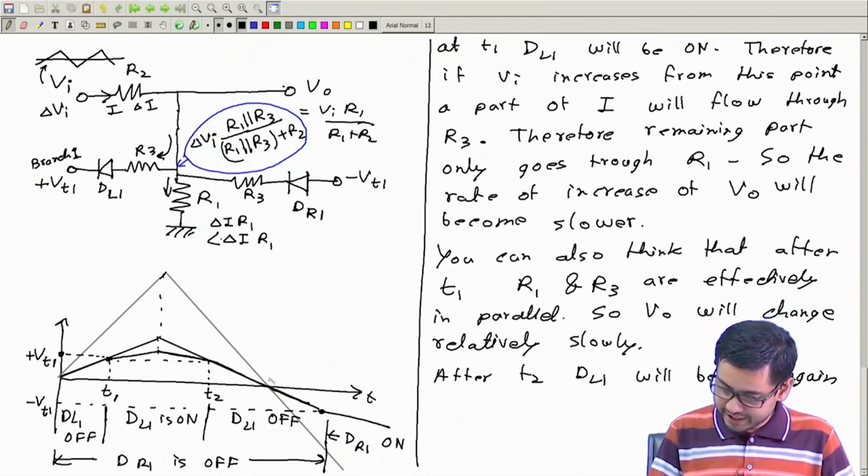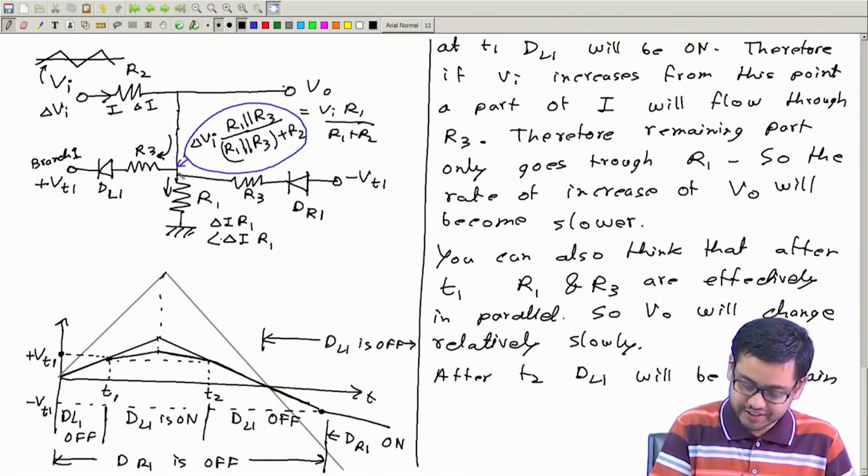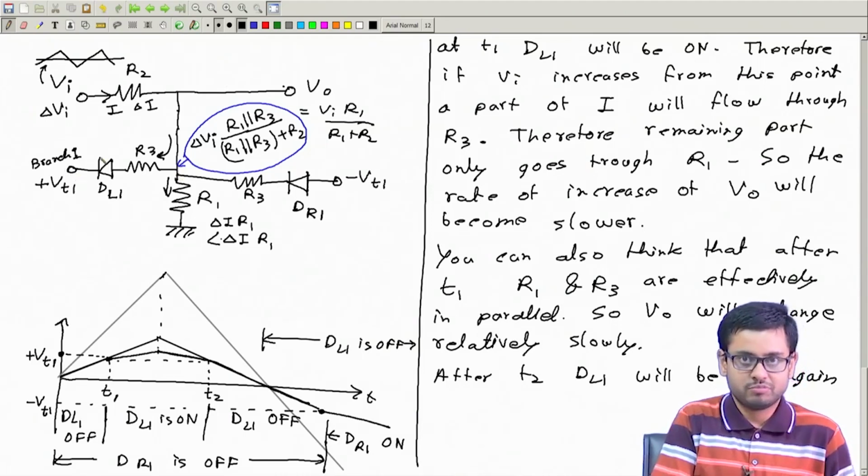And in the negative half throughout, DL1 is off, because this is negative, this is positive, so it's off.